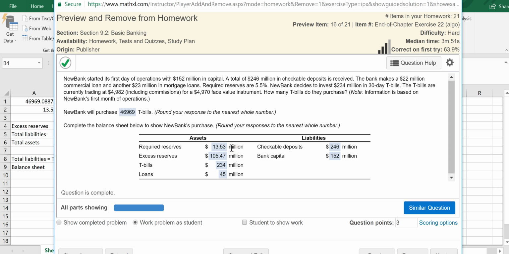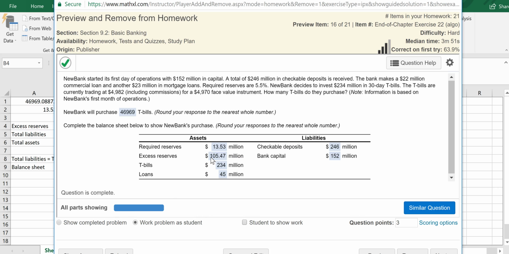So as long as your answer lies within a certain tolerance of the correct answer, your answer will be marked as correct. So you can also follow strictly the instructions here, round the responses to the nearest whole number. So this will be 14 and this will be 106, right? Both numbers will be accepted by my Econ Lab.